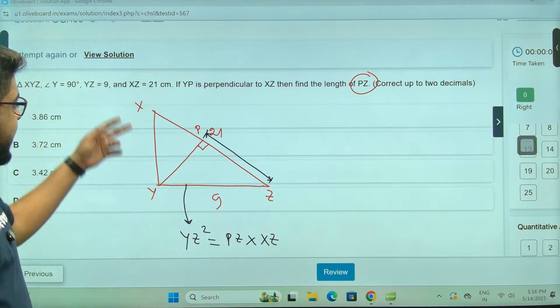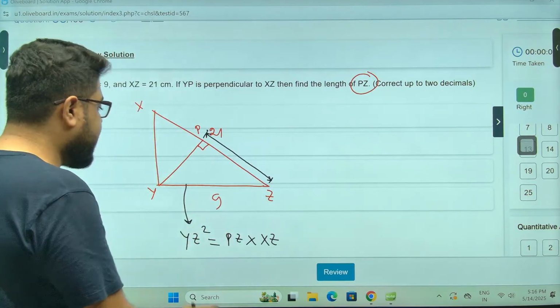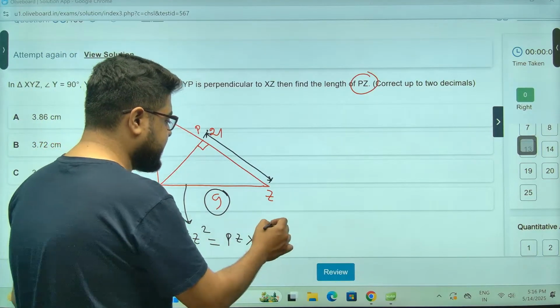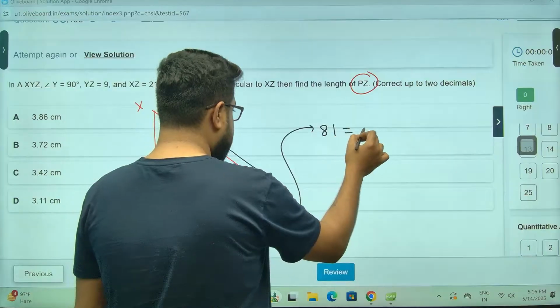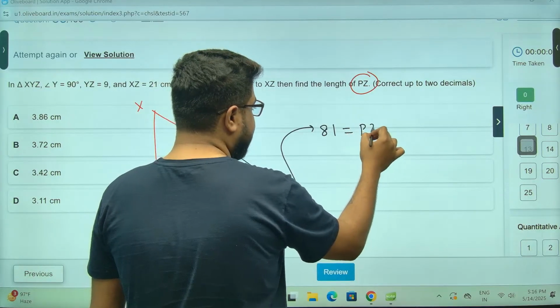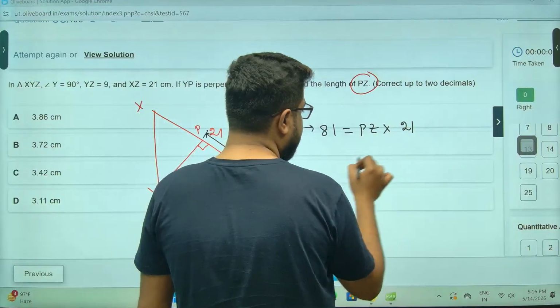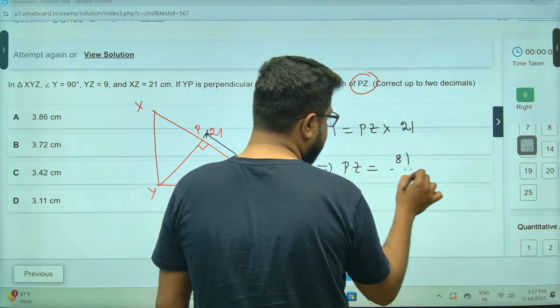Similarly, if you take XY square, it will be this thing into the whole thing. But again, why I'm taking YZ? Because that value I know. That is the reason, nothing else. YZ square is 81. PZ I don't know. PZ so I will find into, sir. XZ is how much? XZ is given as 21. Sir, PZ will be, sir, 81 by 21.